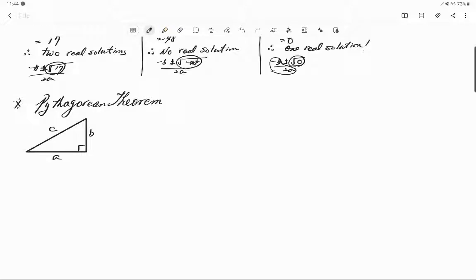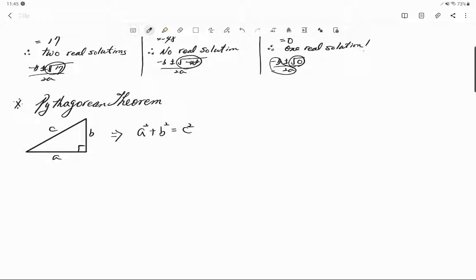Okay, next definition is the Pythagorean theorem. This means the sum of the squares of the two legs, a squared plus b squared, should be equal to the square of the hypotenuse. In this right triangle, a and b are the sides forming the 90 degrees, and c is called the hypotenuse.